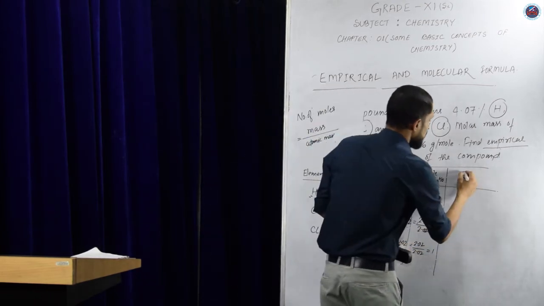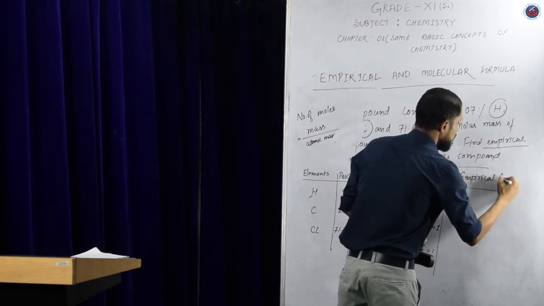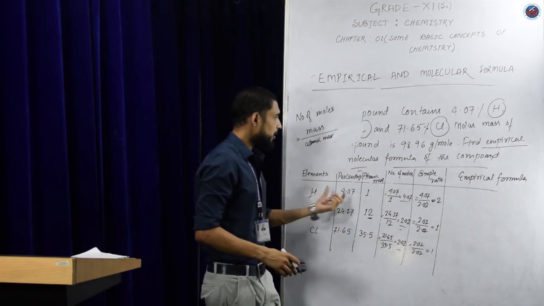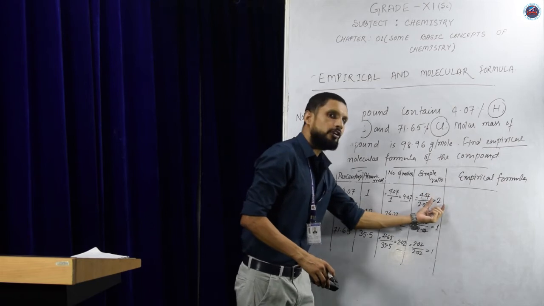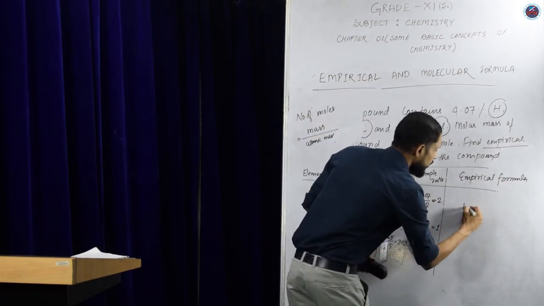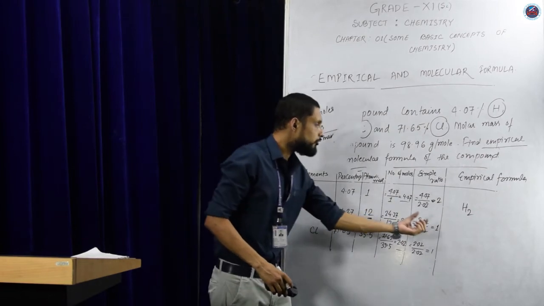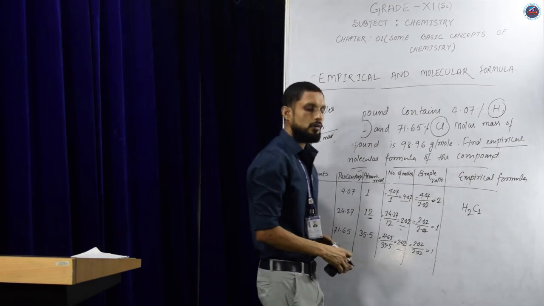Next, the empirical formula. You can see from the calculation, hydrogen simple ratio is 2, so we'll write H2. Carbon simple ratio is 1, so we'll write C1.